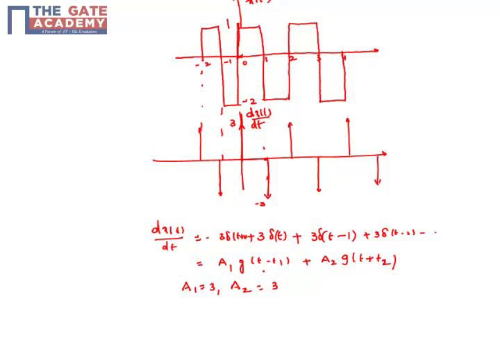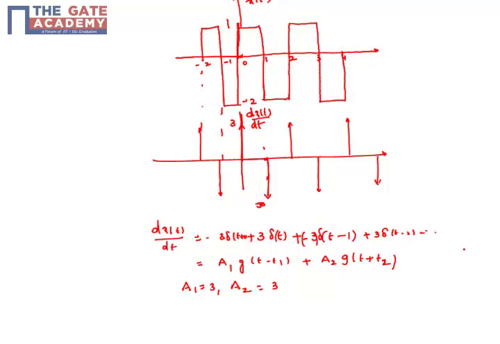Oh, sorry, I wrote something wrong here. This is 3 into delta of t, but here a minus will come, because at t equal to 1 its value is minus 3, no? This is minus 3, similarly minus 3.